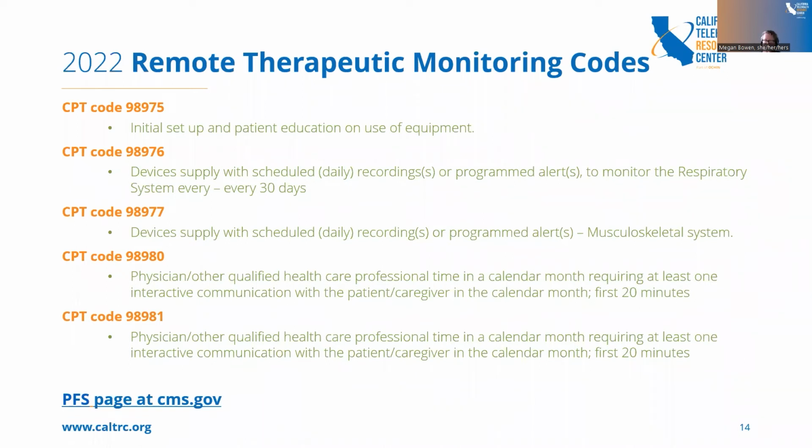This is from the 2022 physician fee schedule. CPT code 98975 is that initial setup akin to the one we saw before, but for remote therapeutic monitoring.